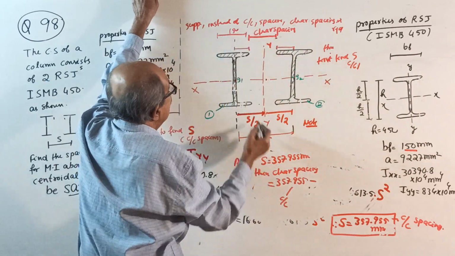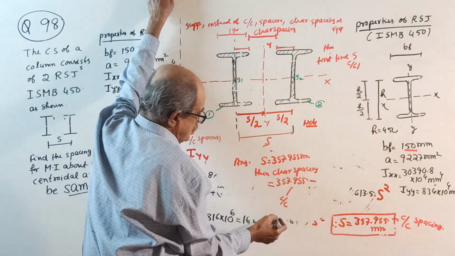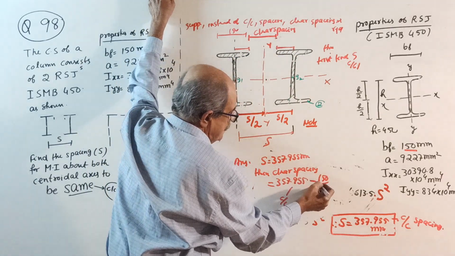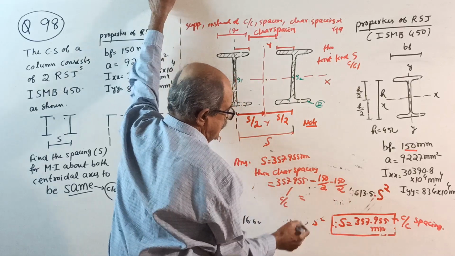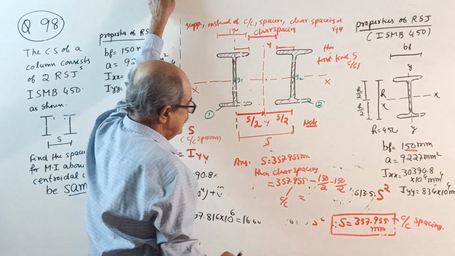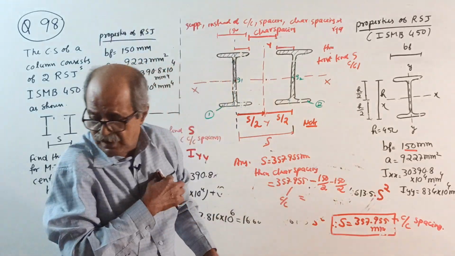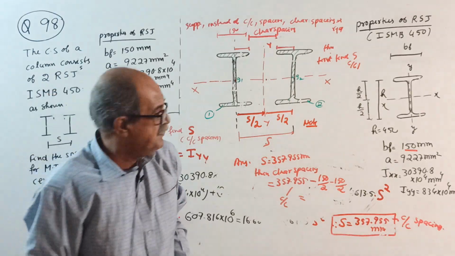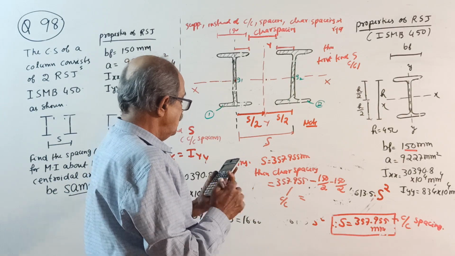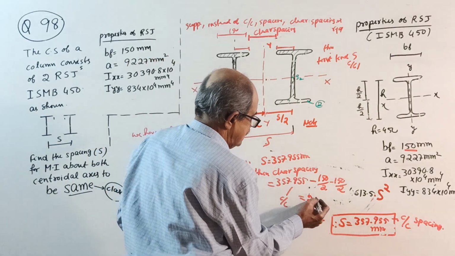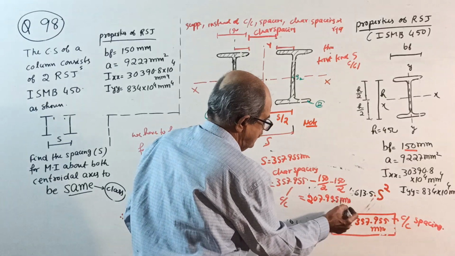So from this one, subtract 150 by 2, and 150 by 2. That is, subtract 300? No, subtract 150 by 2. Your answer will be not 300, 150 only. 357.955 minus 150 is 207.955 millimeter is the answer.